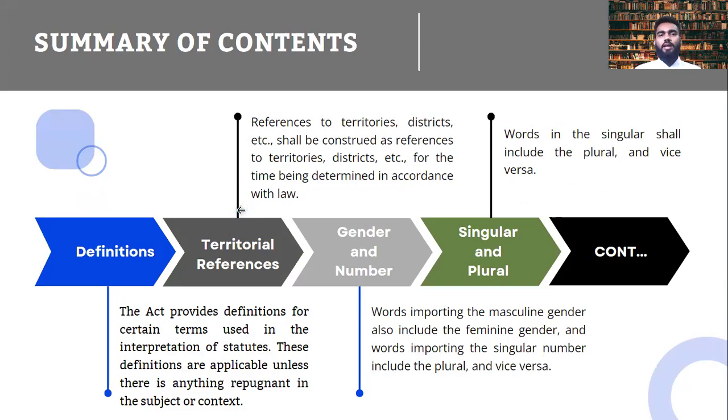Territorial reference. References to territories, districts, and so on shall be construed as references to territories and districts for the time being determined in accordance with the law. Gender and number. Words importing the masculine gender also include the feminine gender, and words in the singular must include the plural as well.